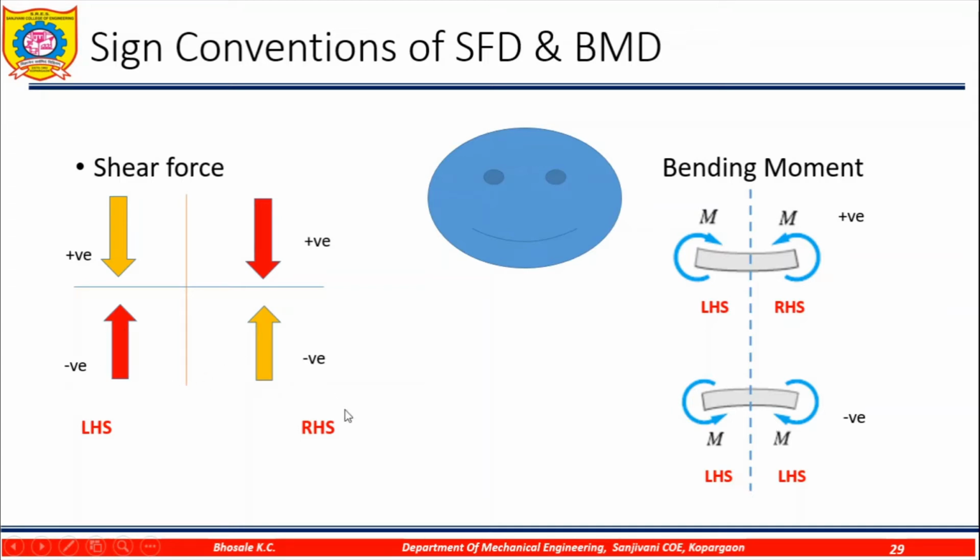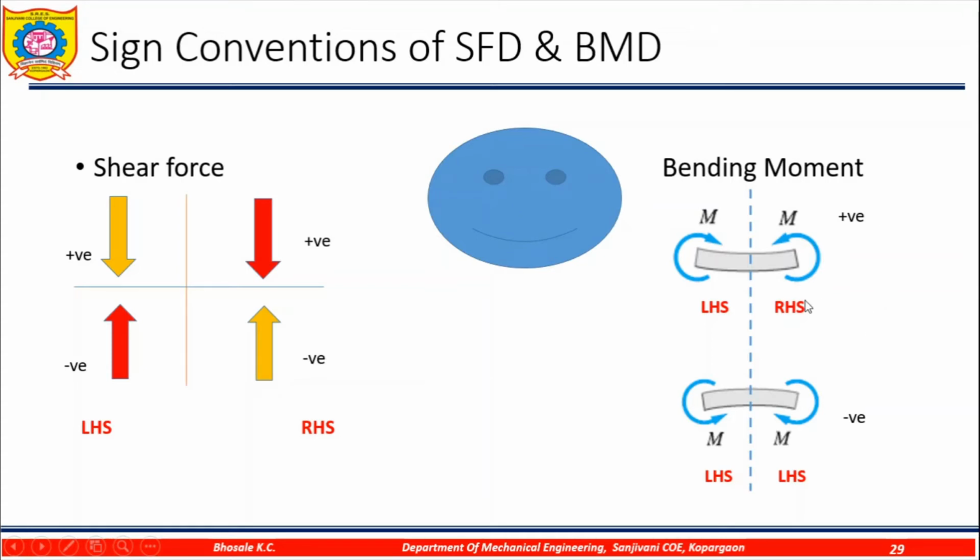Whereas in the right hand side sign convention, whatever loads are coming downward are taken as positive, and whatever reactions are coming upward will be taken as negative. So this is the sign convention we are using. Similarly, for the bending moment, on the right hand side, the bending moment will normally be equal to the load into distance, a product of load into distance.